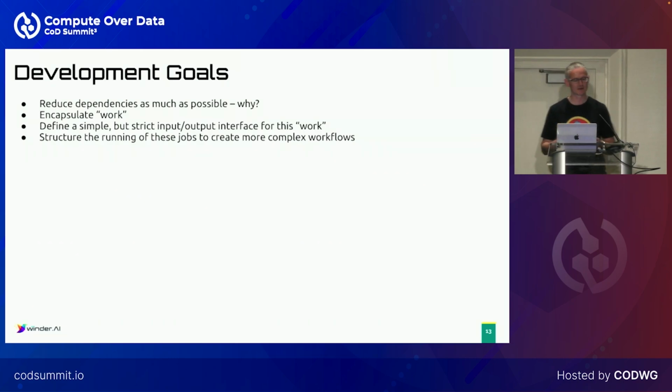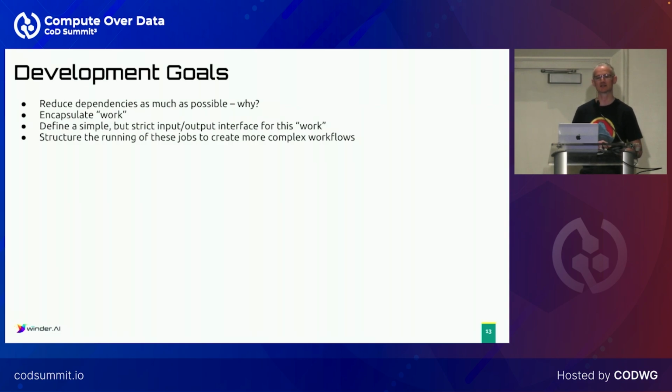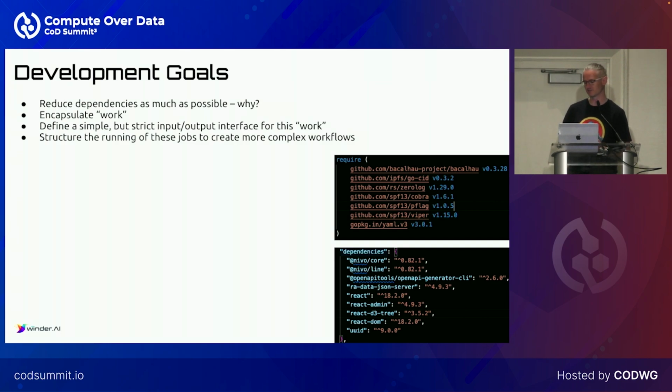Based upon some experience I had developing in Bacalhau and working with IPFS, I decided quite early on to try and reduce the dependencies in the code base as much as possible. Working with IPFS, the Go libraries related to IPFS were a little bit painful, and there were quite a few breaking changes over time. So I decided to keep my dependencies as low as possible.